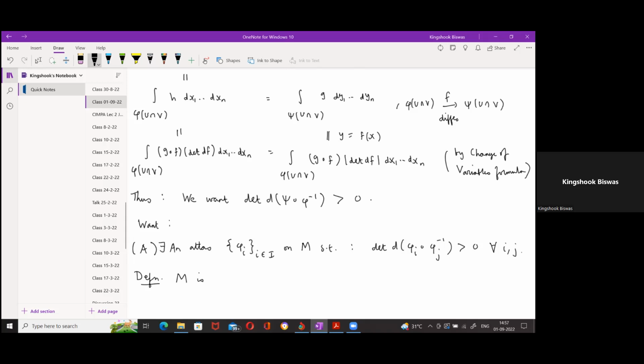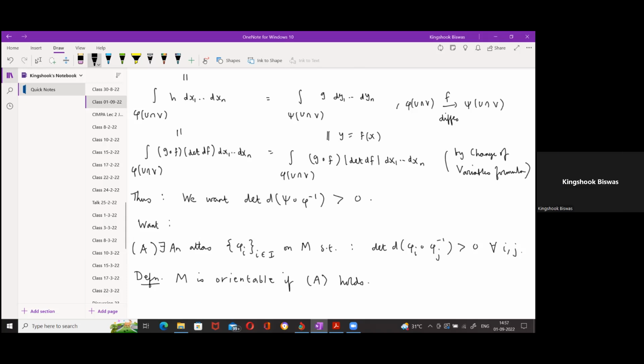M is orientable if this condition A holds. So there are different definitions of orientability which are equivalent. This is one definition. This is motivated by wanting to define the integrals of forms in an unambiguous way. Is this clear? Yes, sir.